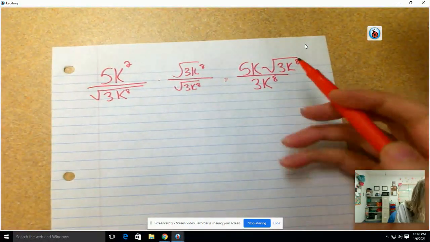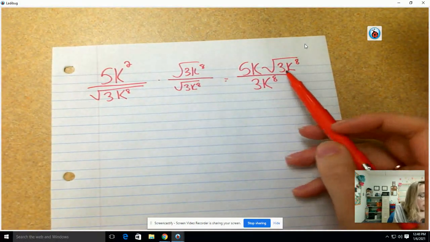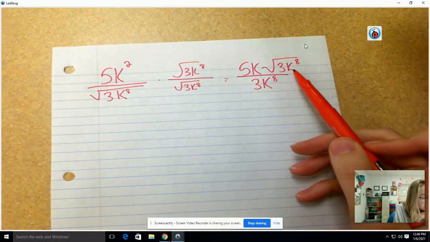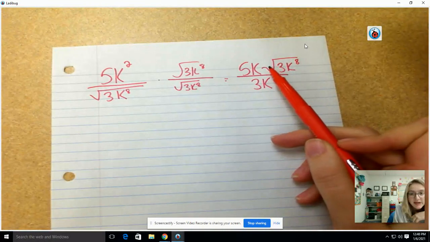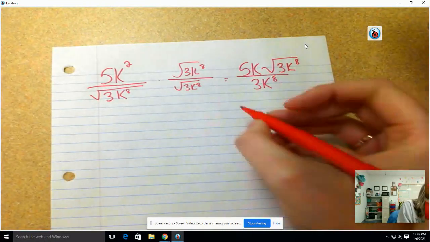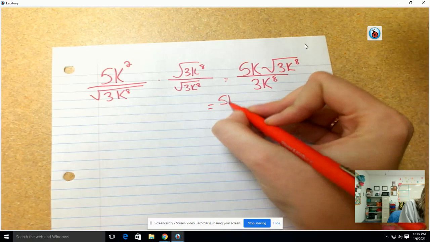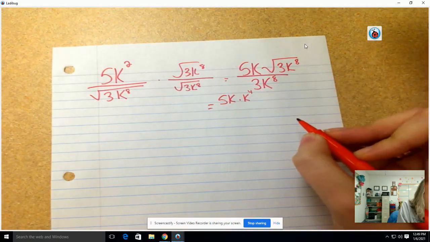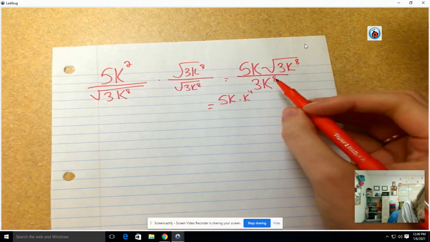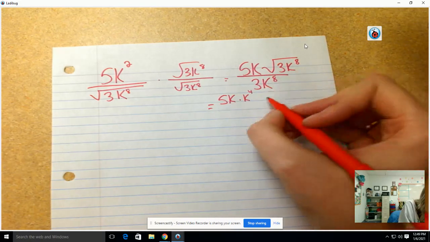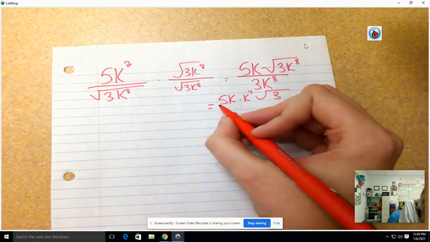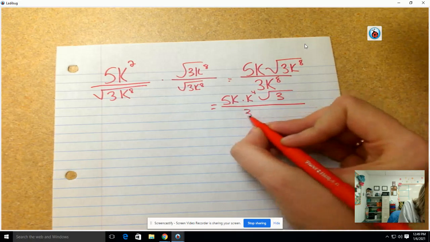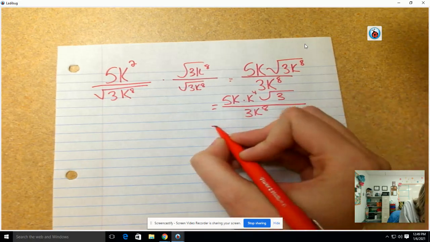And then we have to simplify inside of our radical. So 3, that's a prime number, we can't simplify that down any further. But we can do k to the 8th. 8 is divisible by 2, so that is going to give me 5k times k to the 4th on the outside, and then I'm going to have radical 3 on the inside, over 3k to the 8th on the bottom.